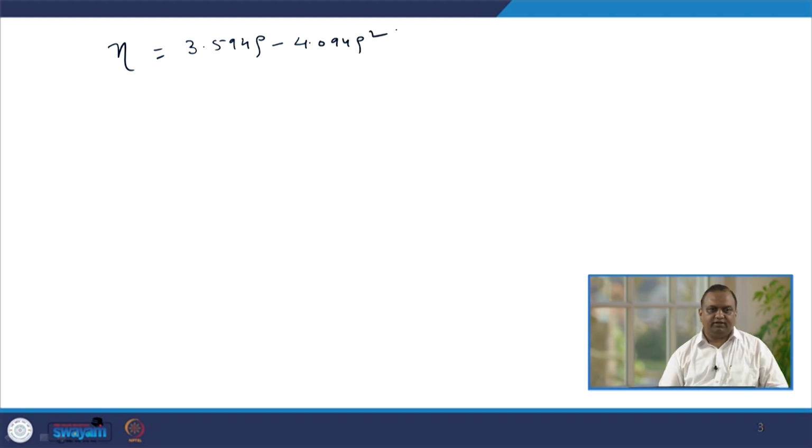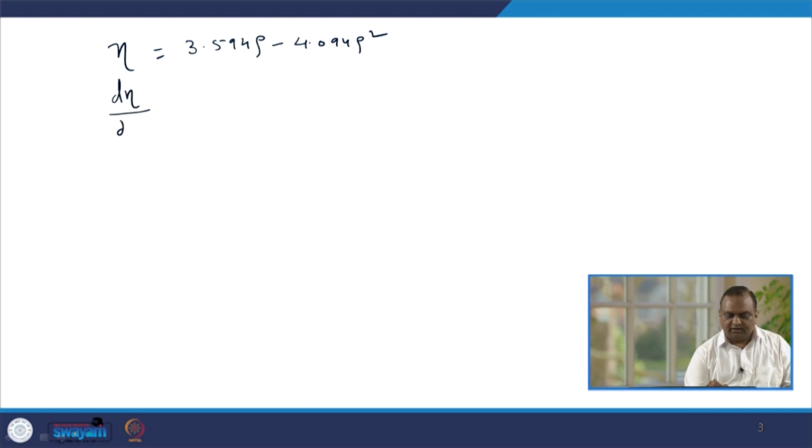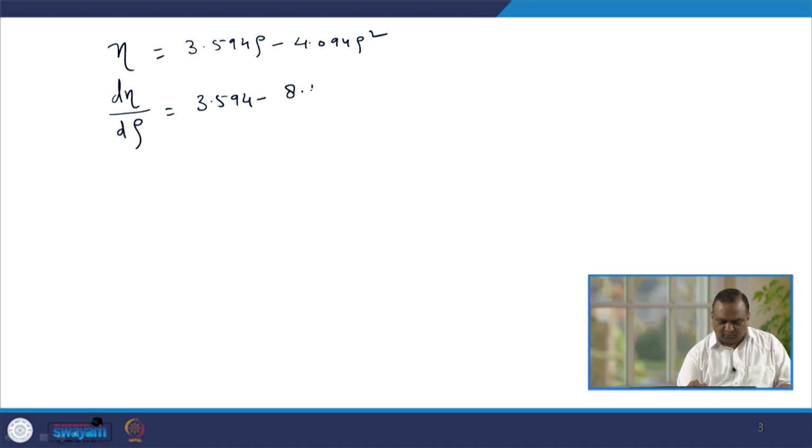Now, we will differentiate this with respect to rho. So, d eta by d rho is equal to 3.594 minus this multiplied by 2, which will become 8.188 rho.